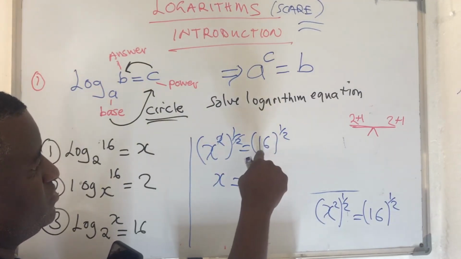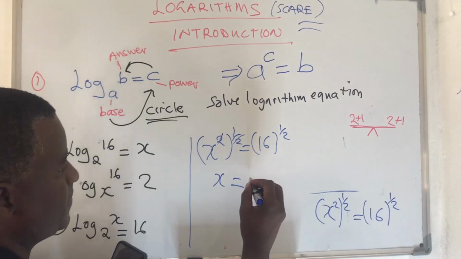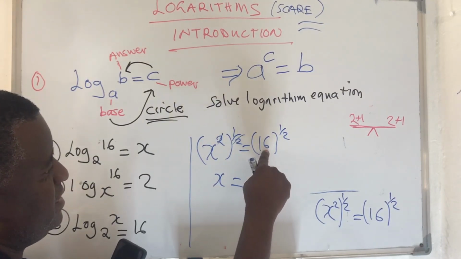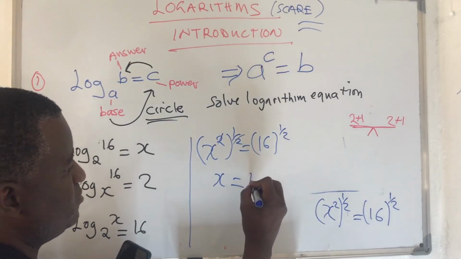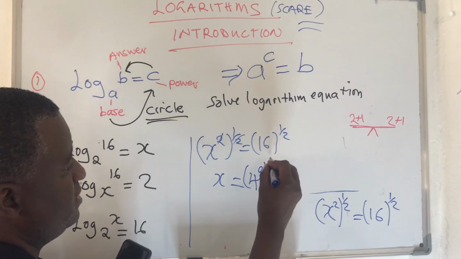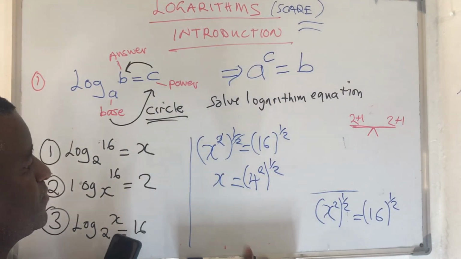So how do I do 16 to the power half? I want to write 16 in terms of 2 times. So it will be like 4 squared, isn't it? 4 times 4 is 16. So this one to the power half. Okay?